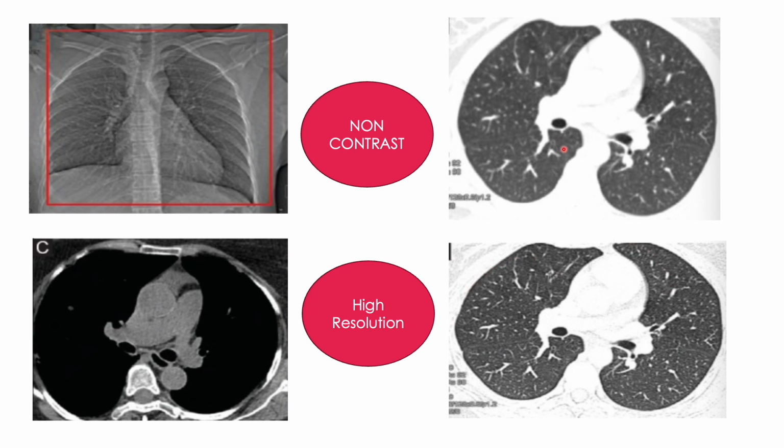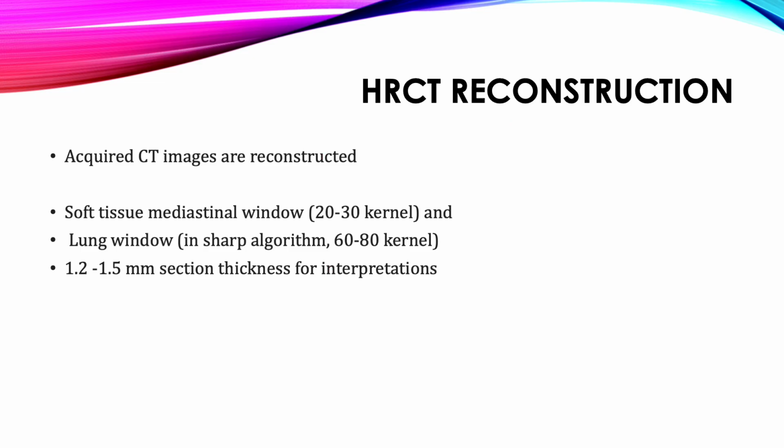And now the same scan, when it is further modified and processed, we get the high resolution images which are much better after using a high resolution reconstruction algorithm. So what is high resolution reconstruction? We know HRCT refers to those scanned images where the images are taken at 1 millimeter cuts, right?